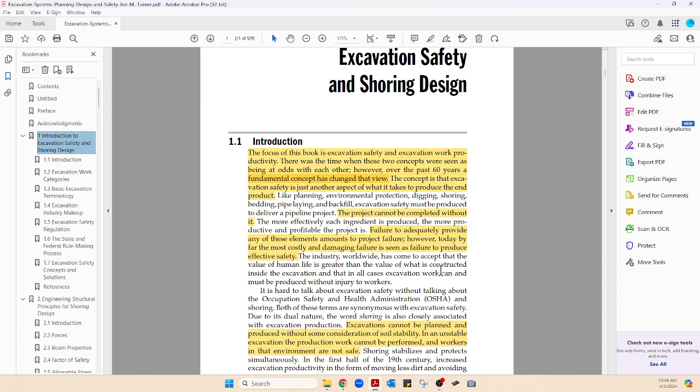We've come to accept that the value of human life is greater than the value of what is constructed inside the excavation, and that in all cases excavation work can be and must be produced without injury to workers. So that's our goal: keep moving forward, but do it safely.